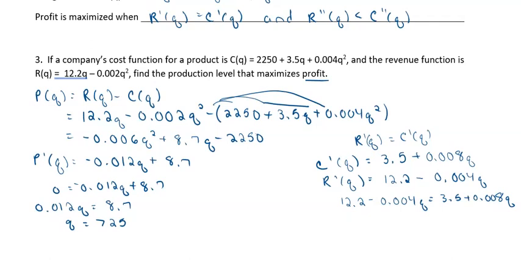If we combine our like terms, I'll move the 3.5 over, and that gives us 8.7. And then I'll add the 0.004 Q to both sides, and that gives us 0.012 Q. Then divide both sides by 0.012, and it looks like we get 725 units.